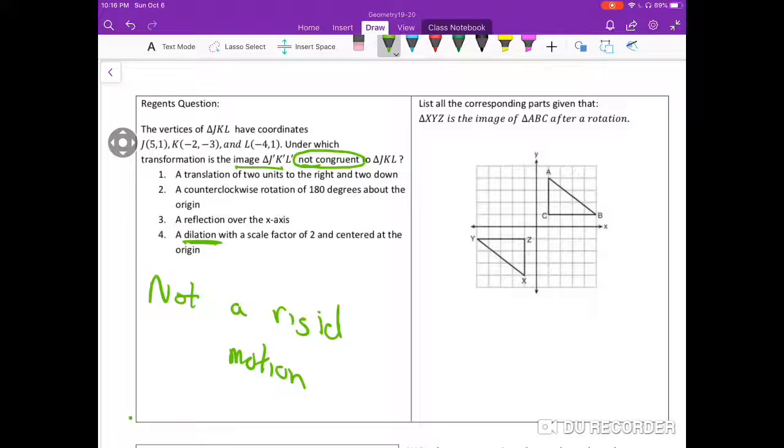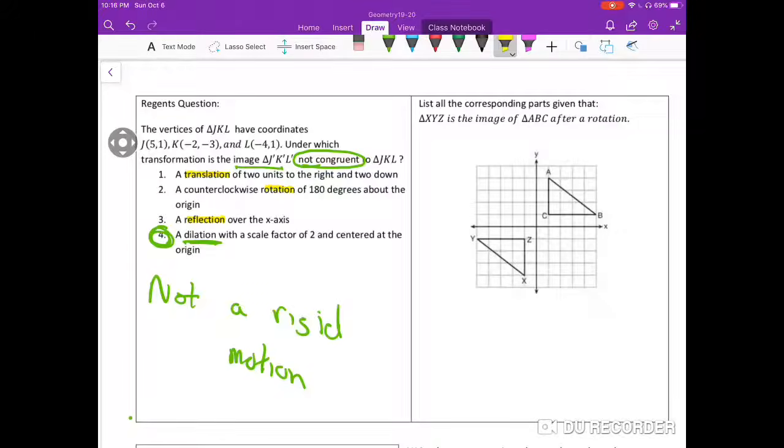You can think about that as if when you go to the doctor, your pupils dilate, so they get bigger and smaller. A dilation here is the only one that is not a rigid motion. Remember, a translation, a rotation, and a reflection are all examples of rigid motion. So when it says not congruent, we are looking for ones that are not going to change the size and shape.